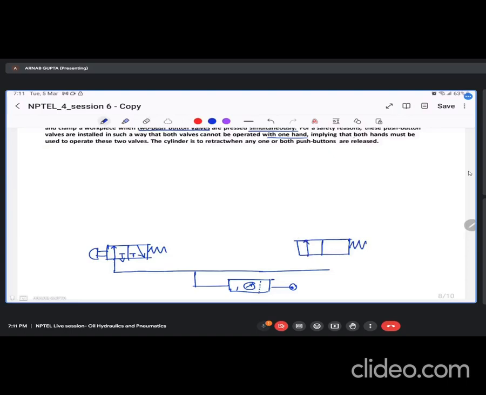Or it's better to show the condition when one of the valves is being activated and the other is not activated. So your cylinder is not extending. Okay, so let's show that condition.